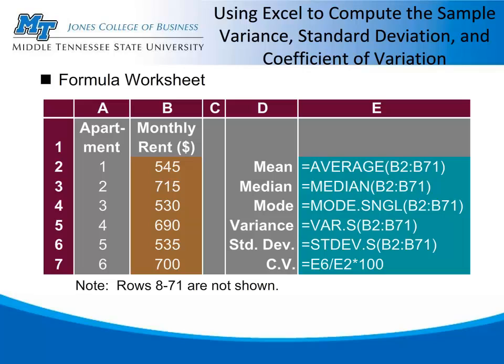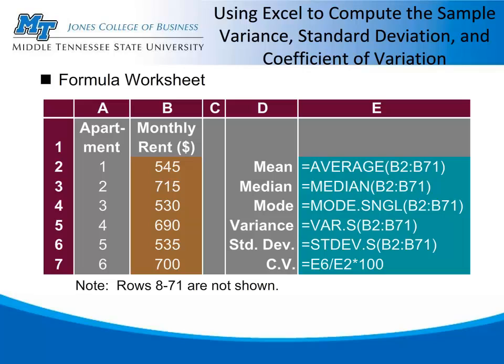But the function itself is going to operate on the values from B2 to B71. All you have to do is put a colon in between those two cells to get it to access all of those numbers. So for the mean, the function is just called average. You're taking the average of the cell values B2 through B71. And the median operates on the same range.